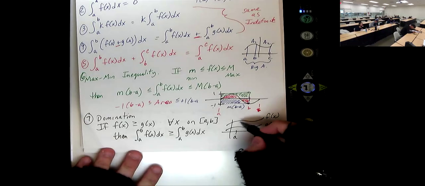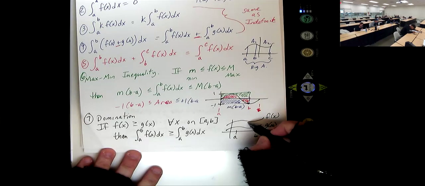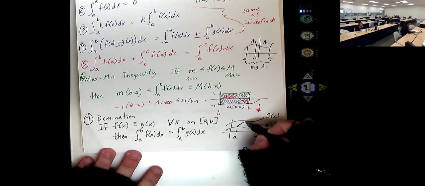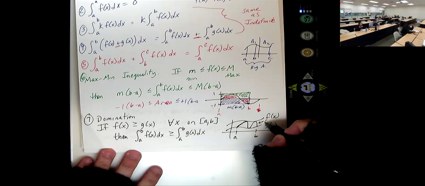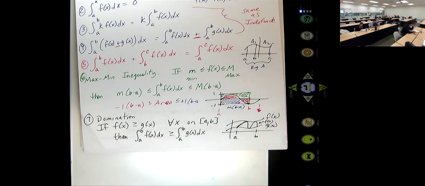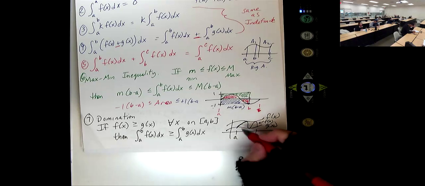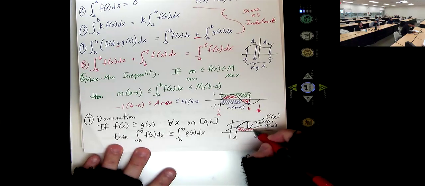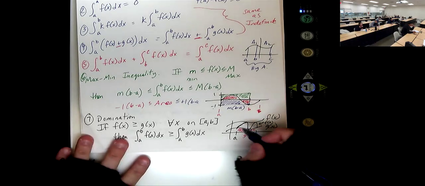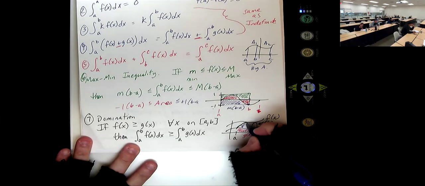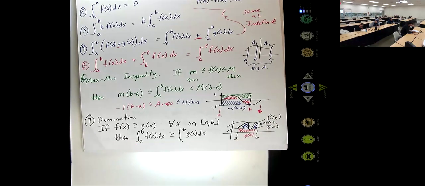Or it could even come down and maybe hit the edge, let's do that. Come down and hit the edge in the middle. Maybe that's f. Point is that this is the g of x, and f of x has that plus this. So it's more.